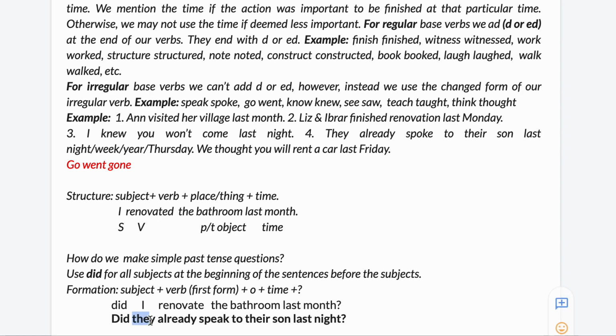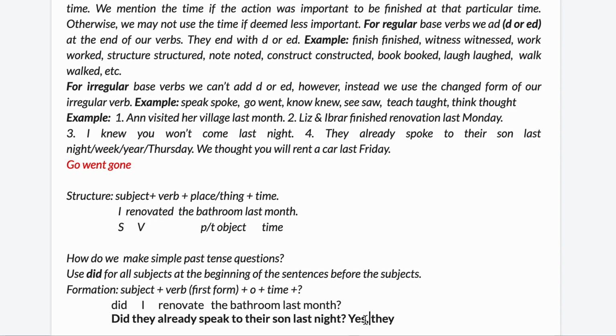Here, our sentence begins with the word they, but here we use did before they, and instead of spoke we use speak because we use did. Whenever you use did, you have to use the first form of the verb, because it's a question. But if it's a statement, then you use the second form of our verb. We don't use did.